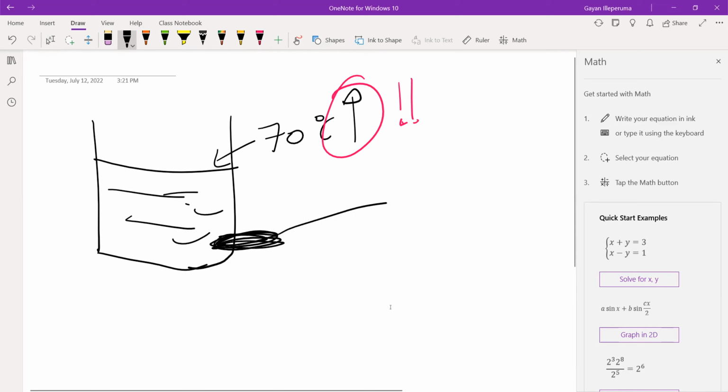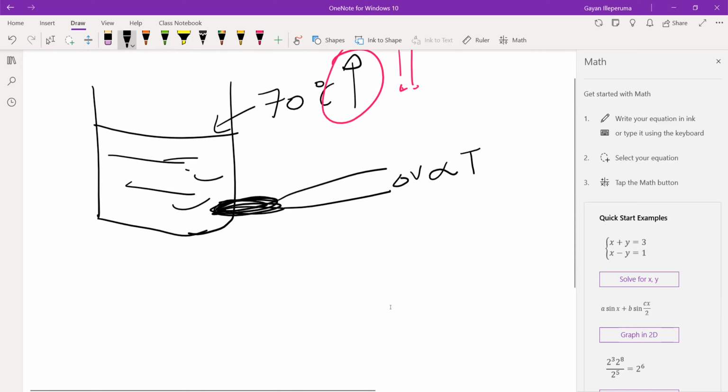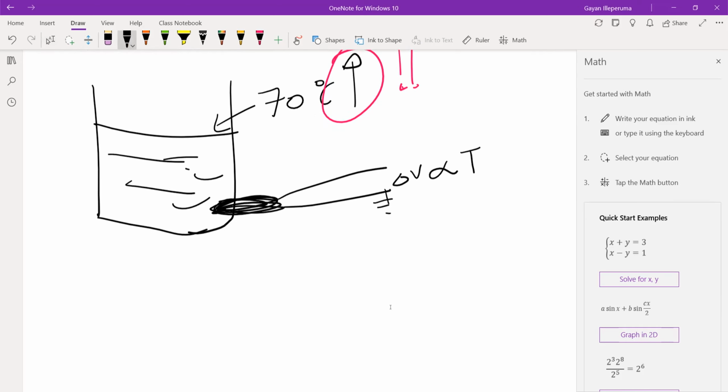So the function of the thermocouple is it generates a voltage proportional to the temperature. Now for simplicity, we'll come up with something like this. So this is grounded. When the temperature is 70 Celsius, your thermocouple generates, let's say, 2 volts.